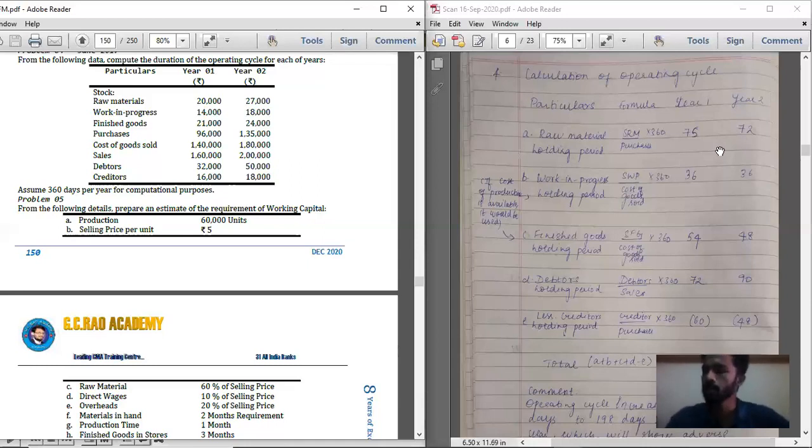Here work in progress is 14,000 divided by cost of goods sold 1,40,000 into 360. So 36 days. In respect of year 1, put 36 days.